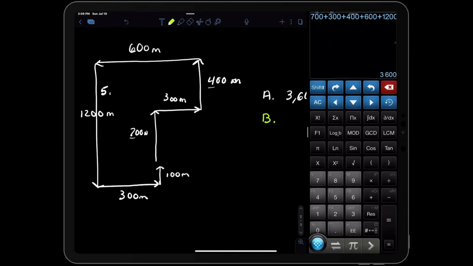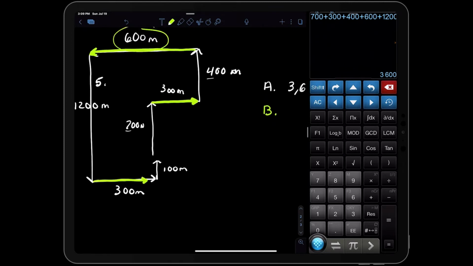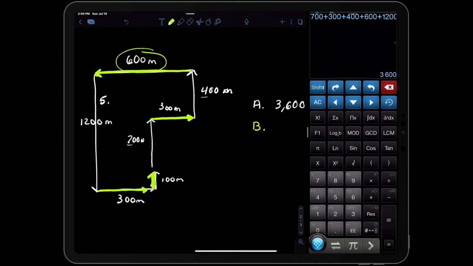All right, now I know looking at this that if this part right here is 600, let's think this out. I know that they went to the right 300 here, and then they went back 600, and then they went back over 300. So that means that this line right here is in the same path as this right here.